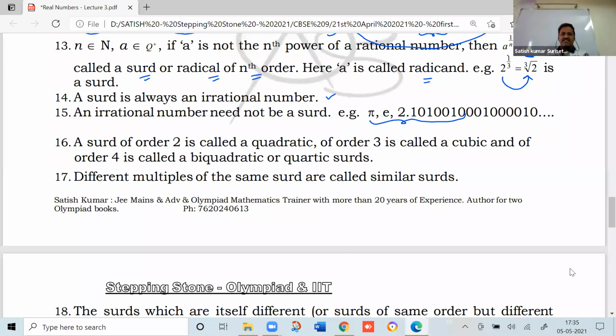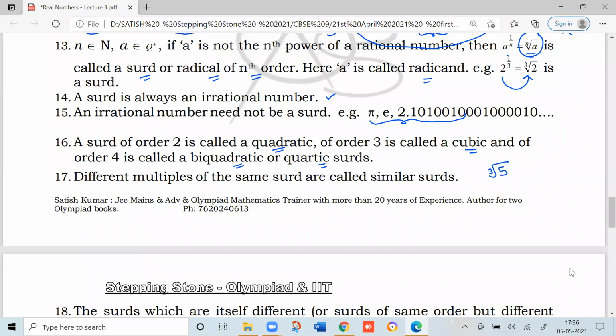Next. A surd of order 2 is called a quadratic surd. Of order 3 is called a cubic surd. And of order 4 is called a biquadratic or quartic surd. Tell me what is this surd?